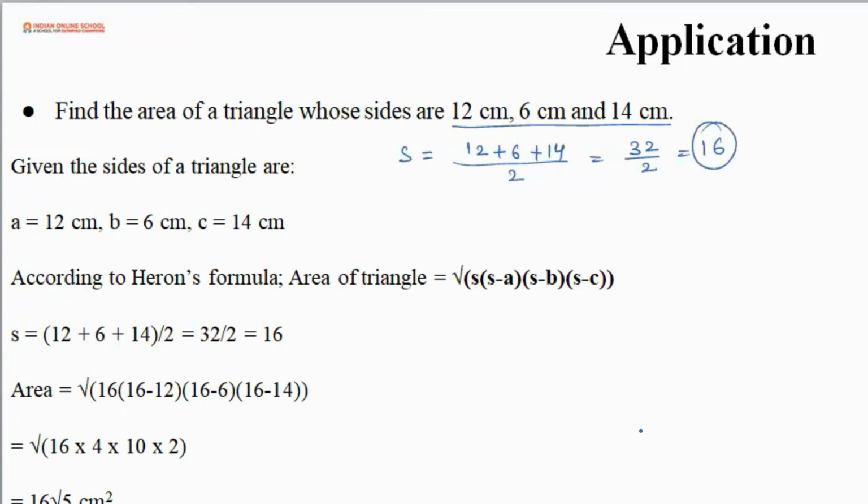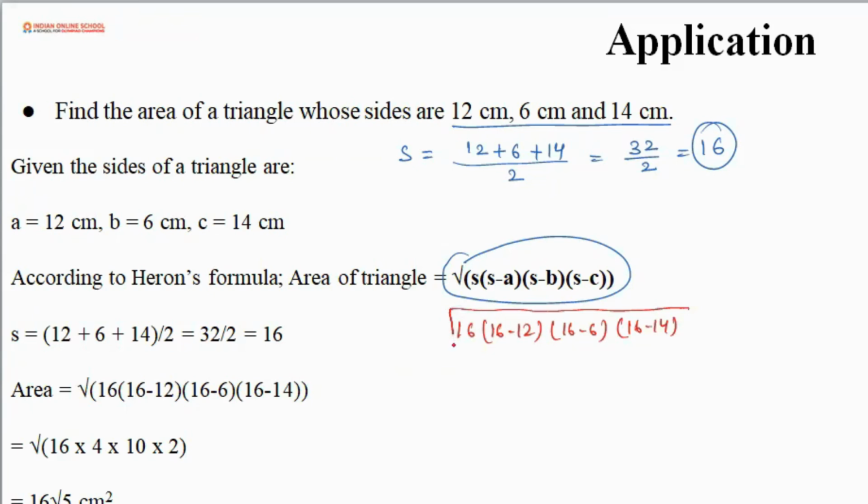So 16 is the value of the semi-perimeter. Now for the area formula, we need to put all the values over here. So we get the root of 16 times 16 minus 12, 16 minus 6 and 16 minus 14. After solving this, we get 16 times 4 times 10 times 2.